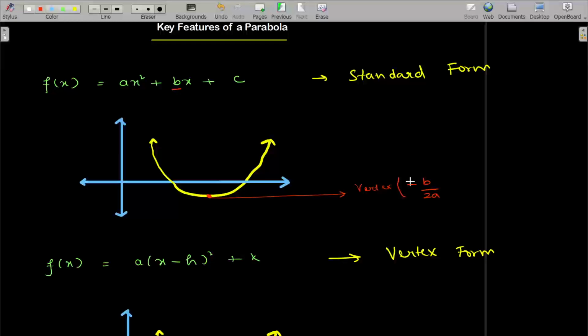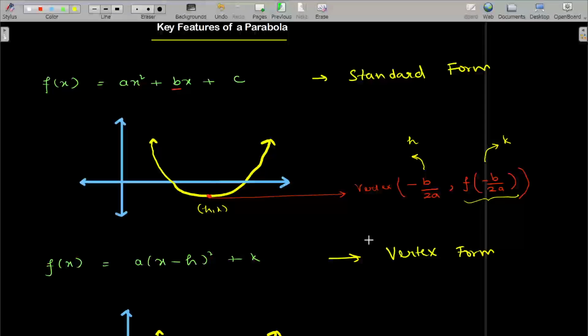That will be the x coordinate of the vertex, and the y coordinate will be whatever value you get when you put that inside the function, so f of negative b over 2a. We'll do one example. If this is h comma k, this will be h and this whole thing will be k.